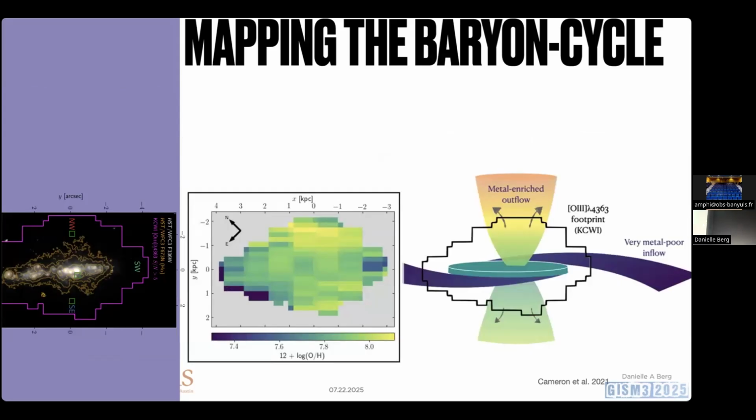And what you can hopefully see is that there are higher, brighter yellow colors at the top and the bottom along the minor axis. This is the outflows or ejecta of metals. And there are lower metallicities on the edge of the major disk where we think inflows are accreting into that galaxy and bringing in more pristine gas, like directly measuring the baryon cycle and the flow of metals here.